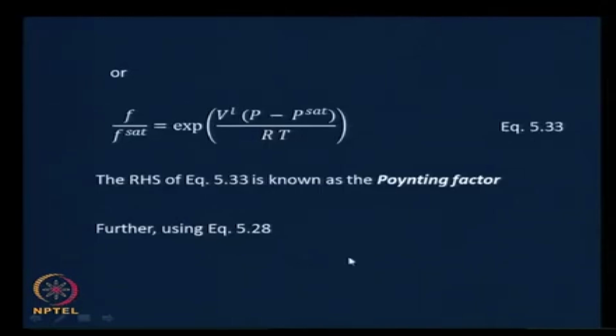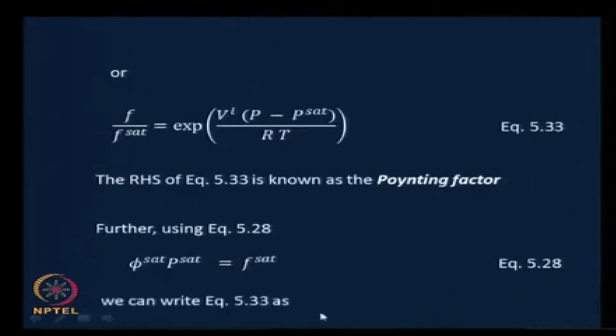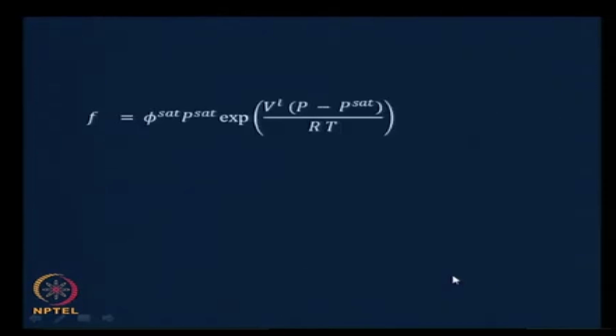Further, using equation 528, phi sat P sat was F sat, and this is again a pure substance, so phi sat P sat equals F sat is valid here. This was 528. We can write 533 as F equals phi sat P sat exponential of VL (P minus P sat) by RT.